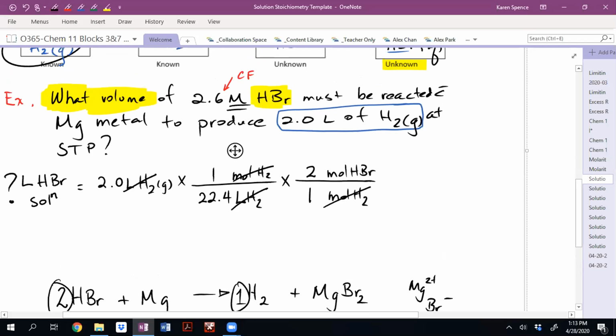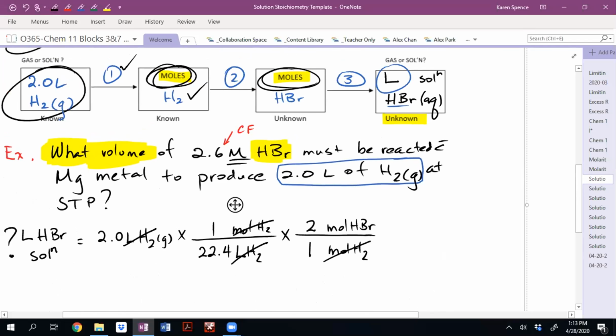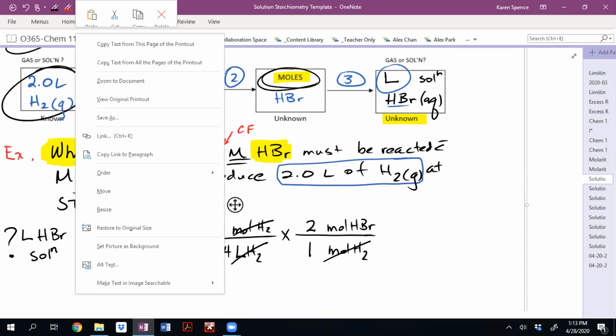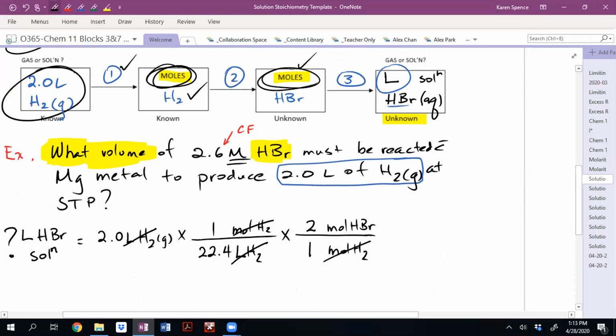Going back up to our little map of the problem, now we've found moles of HBr. We've done our second step, we need to do our third step and find liters of HBr solution. So we're wanting to find liters of HBr, and we need to cancel moles of HBr.